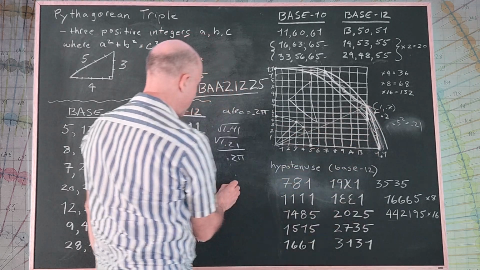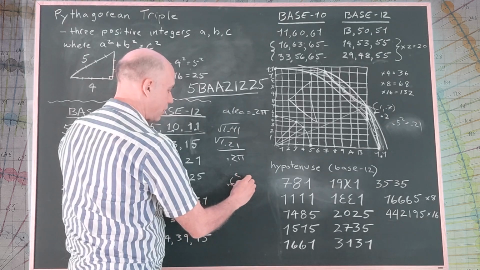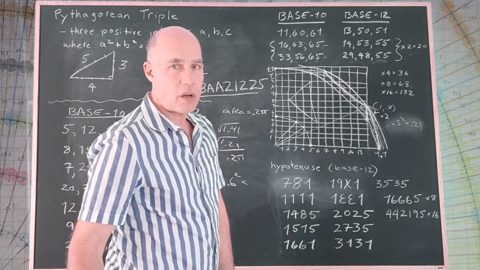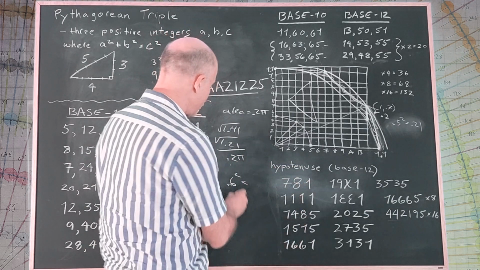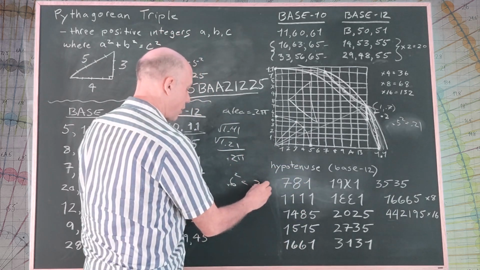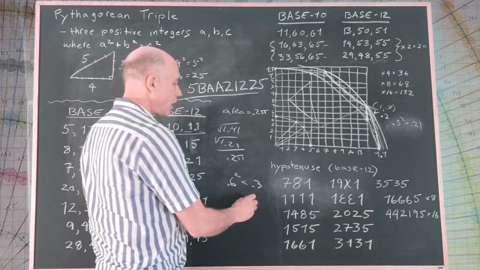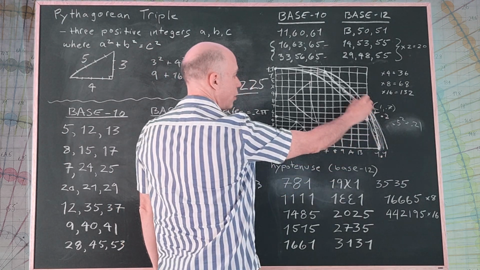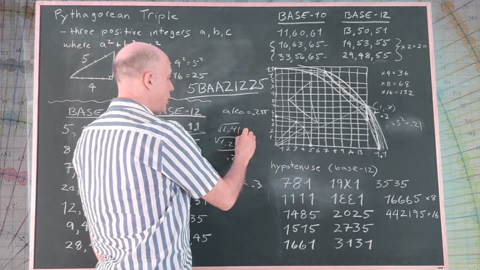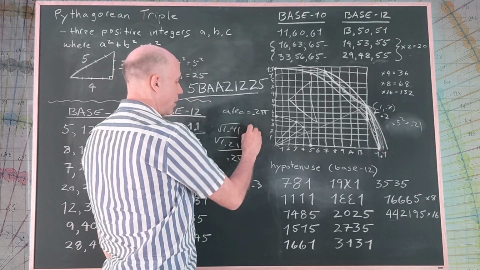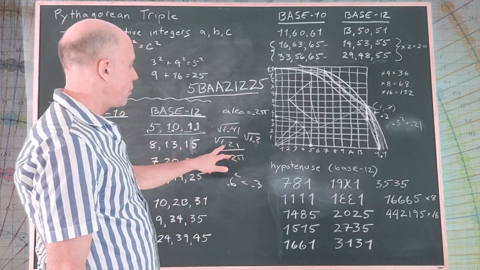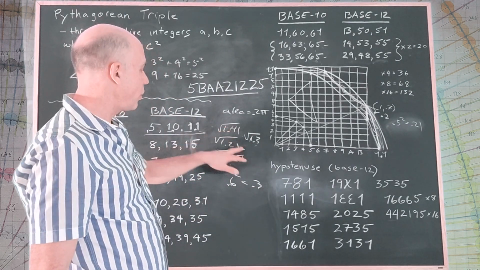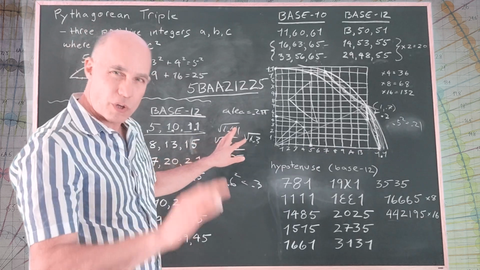So 0.6 squared in base 12, 6 times 6 looks like 30, or 3 do. So 0.6 squared becomes 0.3. And so the radius of that circle becomes the square root of 1.3. So 1.21, 1.41, 1.3 is right in the middle, or really close.